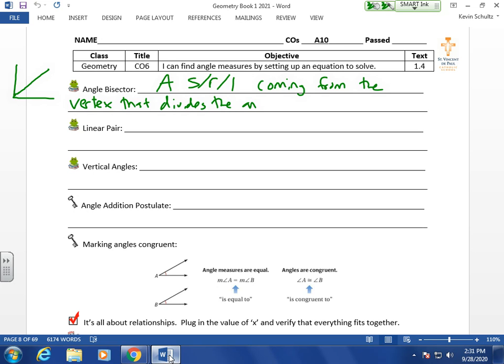Okay? I can write congruent better than that. Two congruent parts. A segment, ray, line coming from the vertex that divides the angle into two congruent parts.